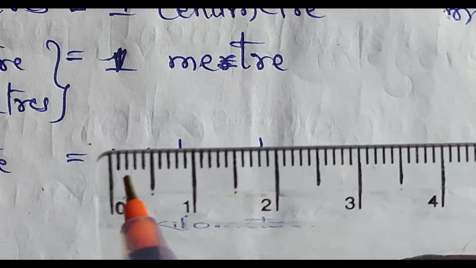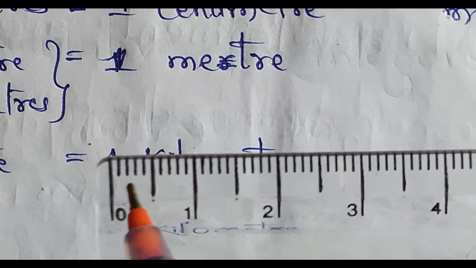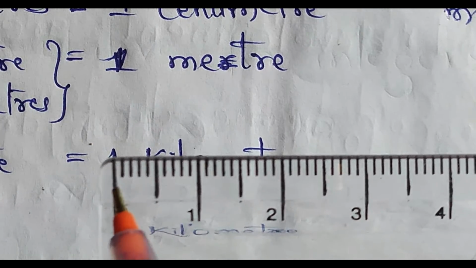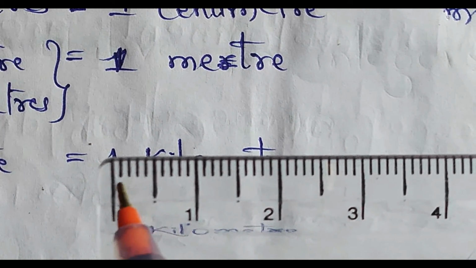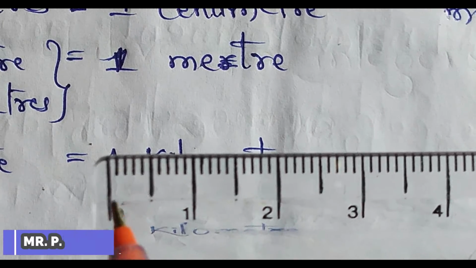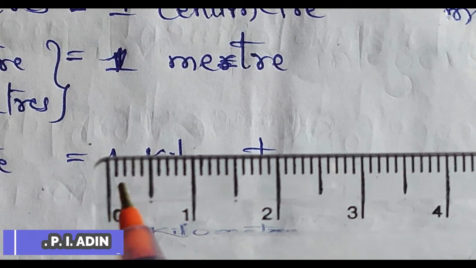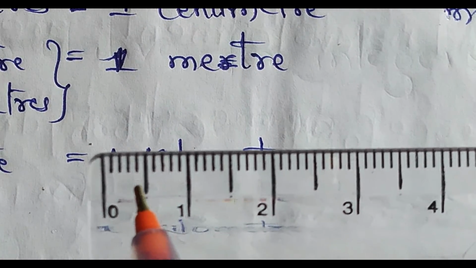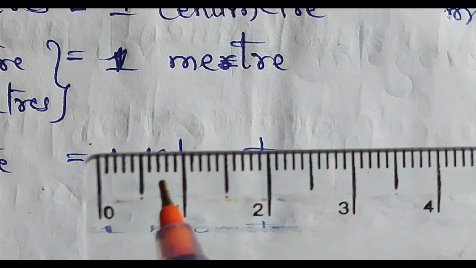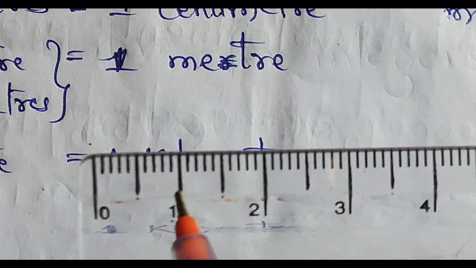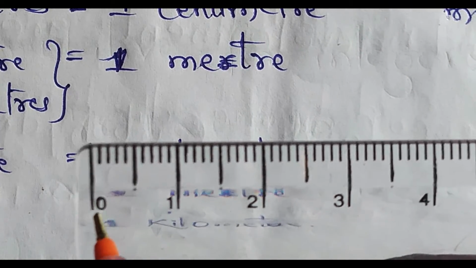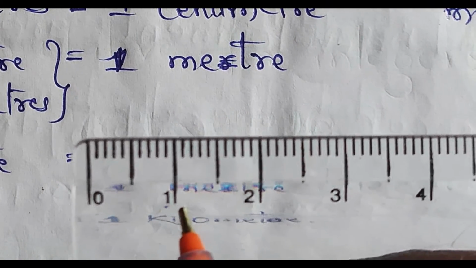Each line is called mm, meaning the length from 1 mm to the next mm is here. Is it clear? So it is 1 mm, 2 mm, 3 mm, 4 mm, 5, 6, 7, 8, 9 and 10. Up to here it is called 1 centimeter.